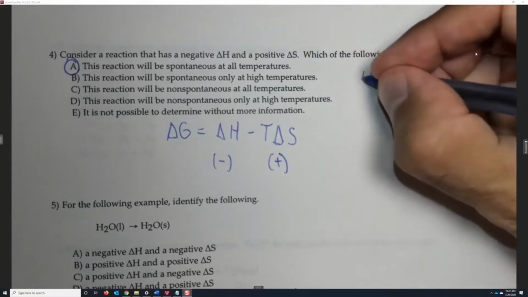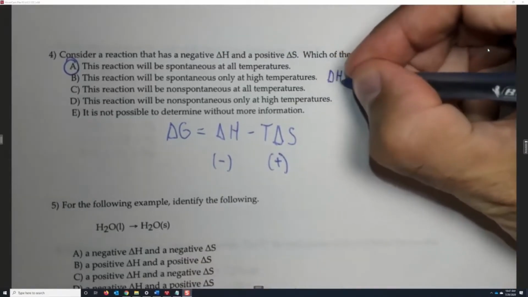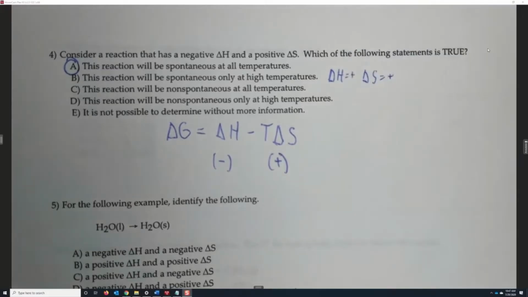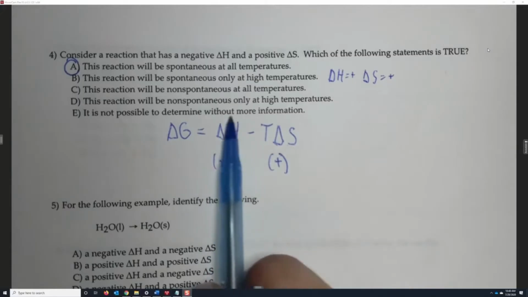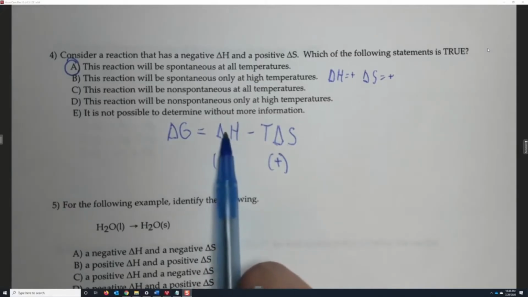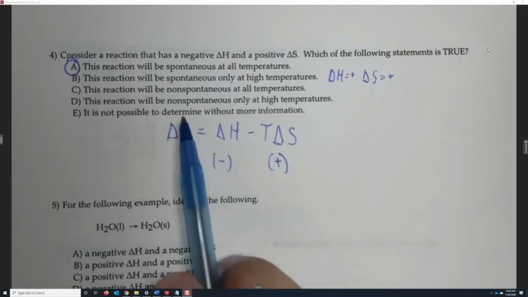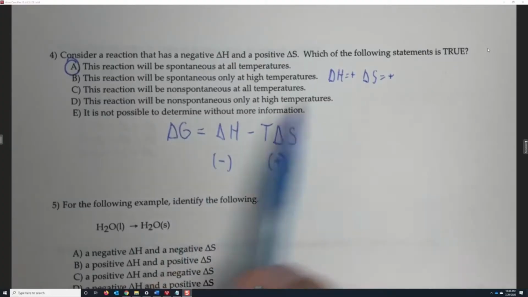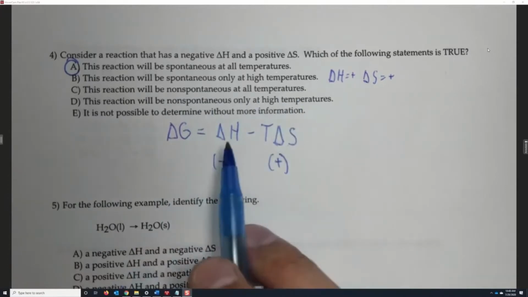So at high temperatures, if delta S is positive and delta H is positive, it means that although it requires heat energy to make this reaction happen, we're going to gain so much entropy that overall it is spontaneous. The reaction will be non-spontaneous at all temperatures.